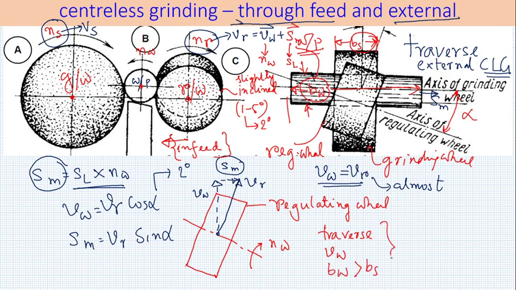So if someone calls it traverse external centerless grinding, I would not be able to dispute that from a logic point of view. However, we will call it through feed grinding because that is the terminology used by the community.